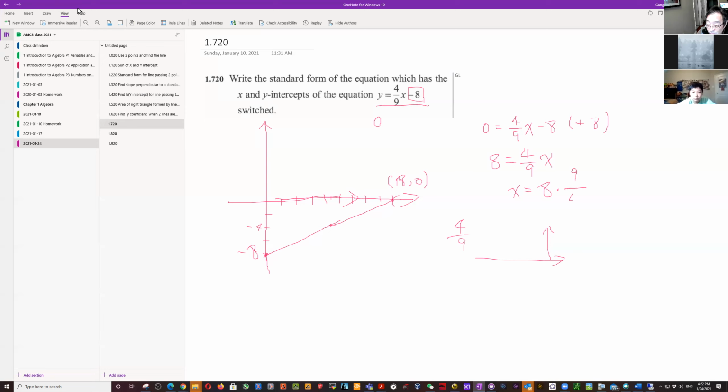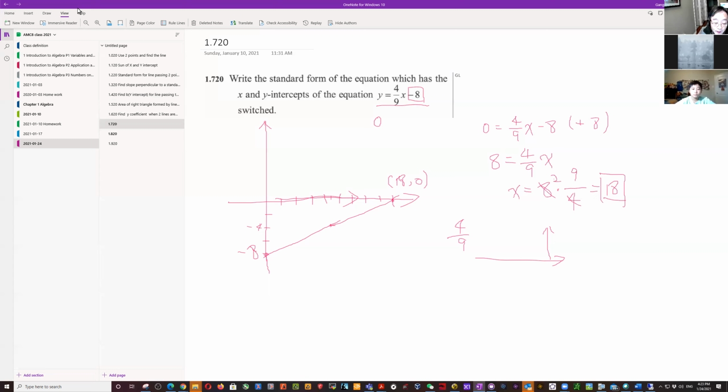So multiply by 9/4, and this cancels out to be 18. So basically I can figure out 18 as the x-intercept in two ways: by drawing the picture, or by just plugging 0 in for y.